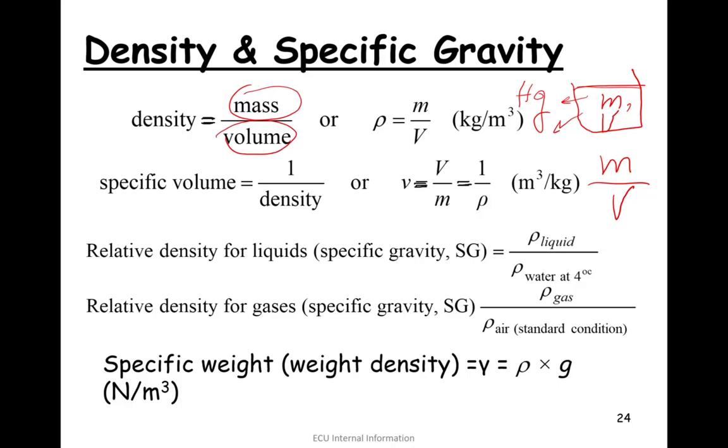For example, you may know already that the density of mercury is 13.6. However, the density of water, sometimes we call it 1000 kilogram per cubic meter, or sometimes they call it 1.